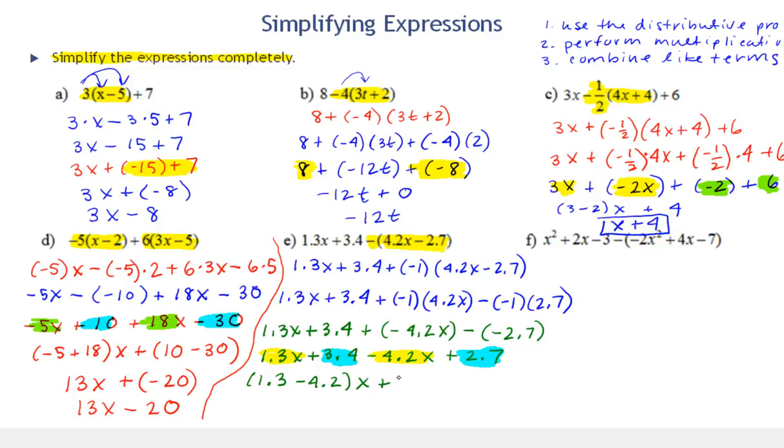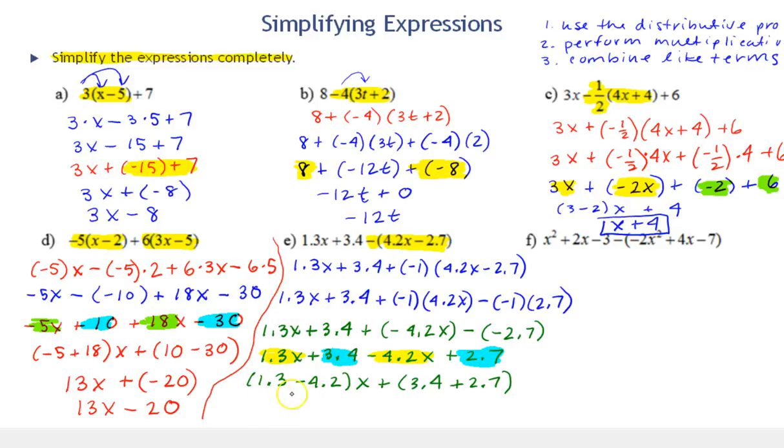And for the constants, we have 3.4 plus 2.7. So now we need to subtract 1.3 minus 4.2. And again, I suggest you do this by hand and then check your work on your calculator. So be your own best friend.